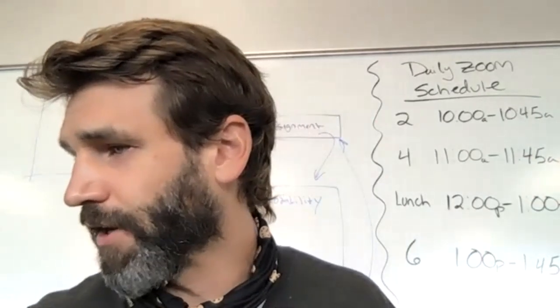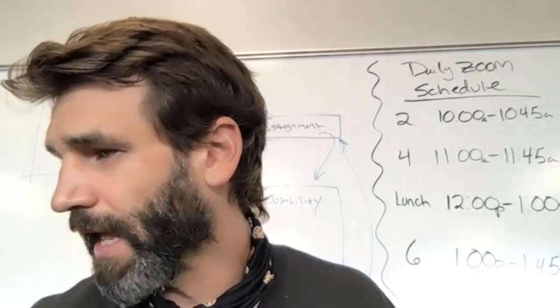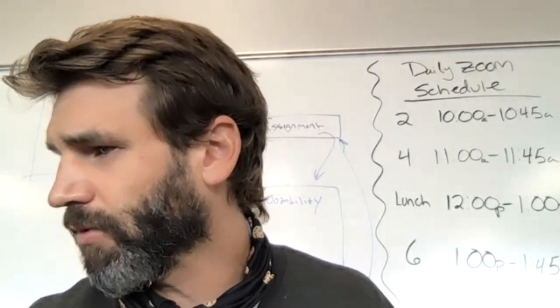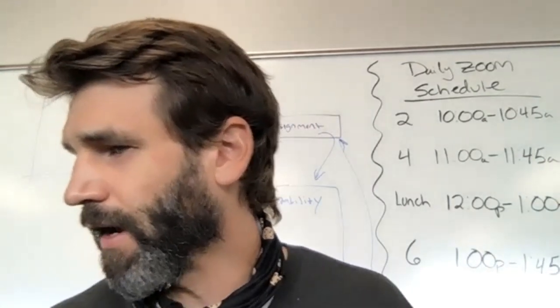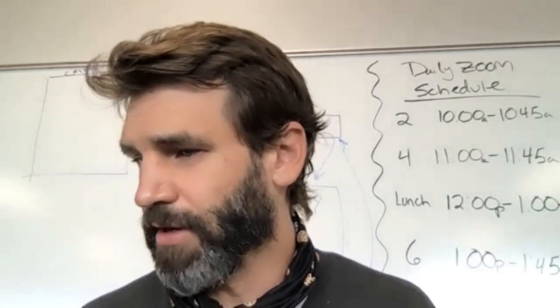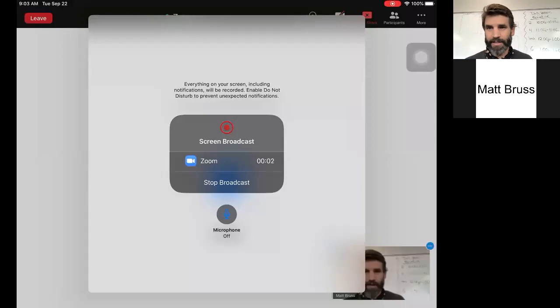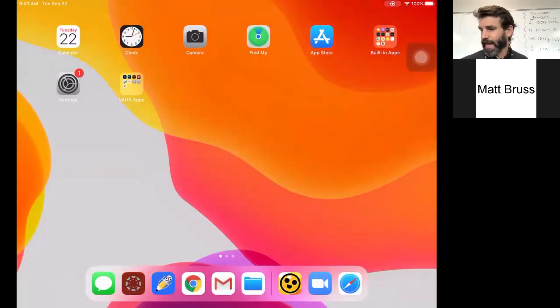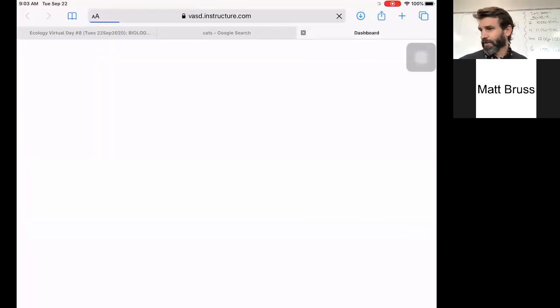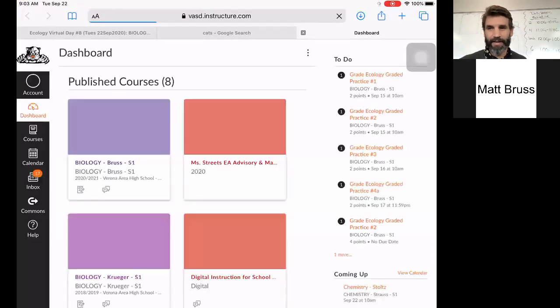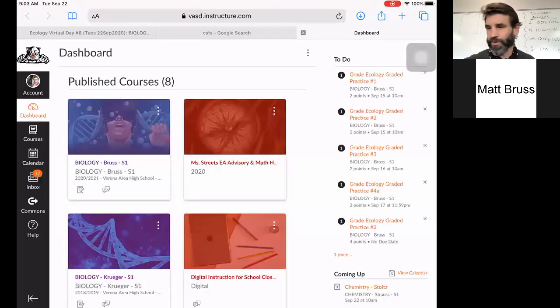I'm going to hop over to my iPad, and I'm going to share where this practice quiz is located from the student view. All right, so I'm going to pop over to Canvas here, load it up, and go to my class.